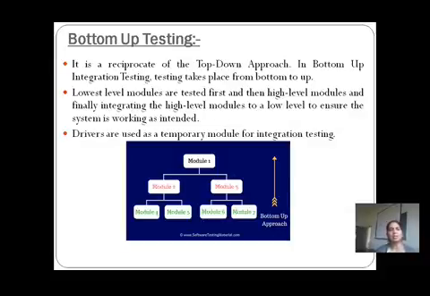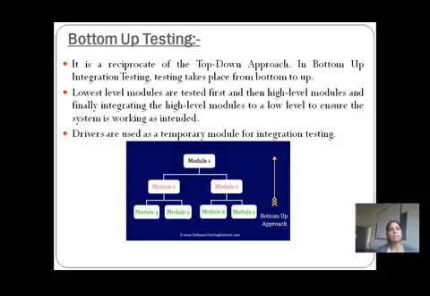So basically this is the basic idea behind our bottom-up testing. So what is bottom-up integration testing? It is totally the reciprocal, or the opposite, of our top-down approach. In bottom-up integration testing, testing takes place from the opposite side, from bottom to top.